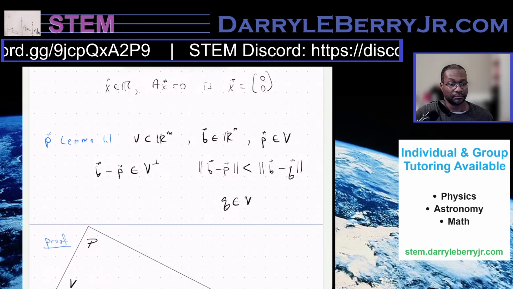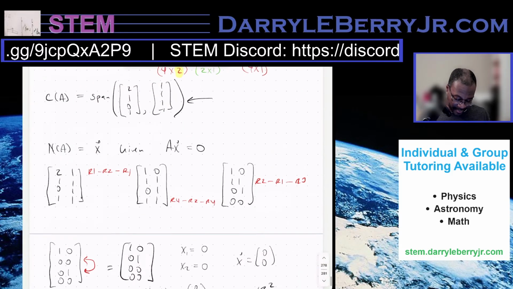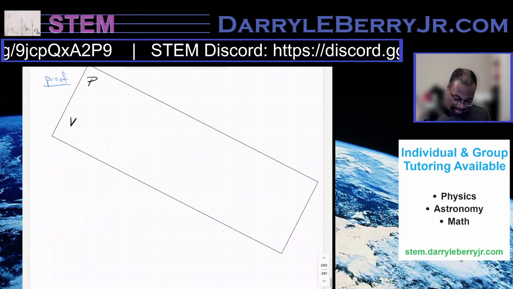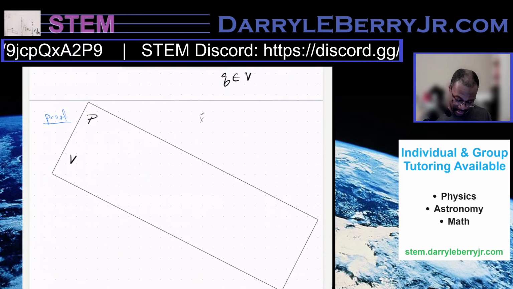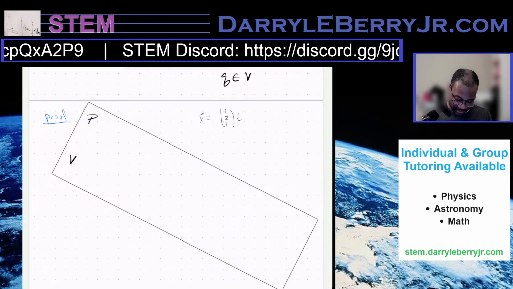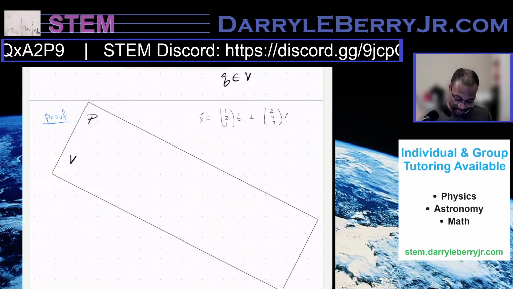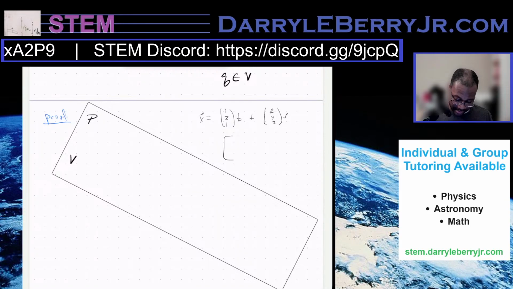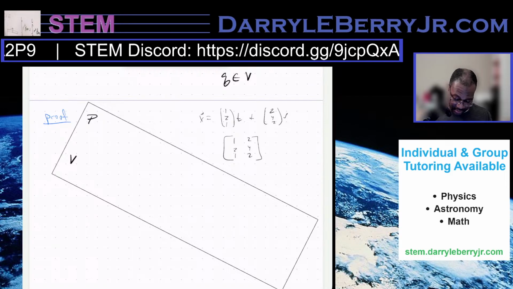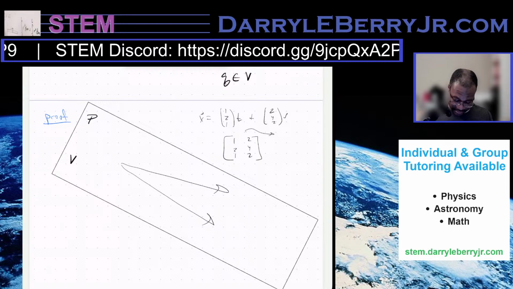So the column space. That must be why it says span. Because if I had a plane like x equals 1, 2, 1 t plus 2, 4, 2 s, we'd be able to make a matrix 1, 2, 1 and 2, 4, 2. But these columns would really be the vectors that span this space.